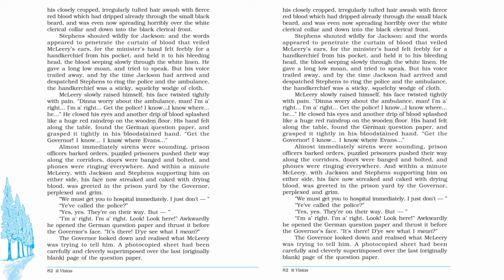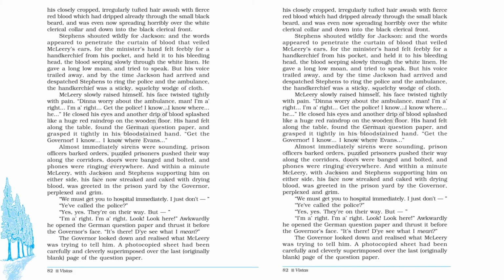But before the governor could explain anything, McLeary told the officer to go to Elsfield Way so that they could catch up on Evans. McLeary accompanied the police as he was the only one who seemed to know what was happening. Thus McLeary left prison in the police car as a witness.